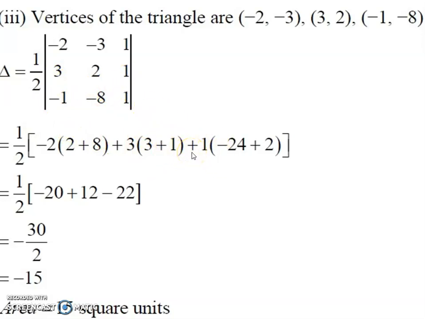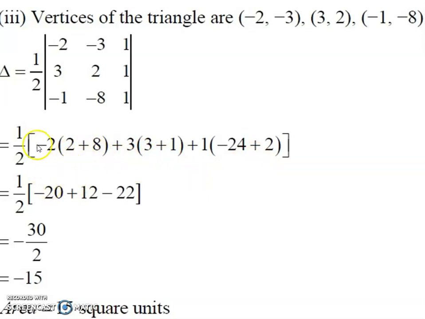Last, which row and column is available? The first row we have to skip and the last column. So what is remaining? Minus 8 into 3 is minus 24, and 2 into minus 1 is minus 2, but minus minus plus 2. I directly write here. You should write the answer directly in practice.